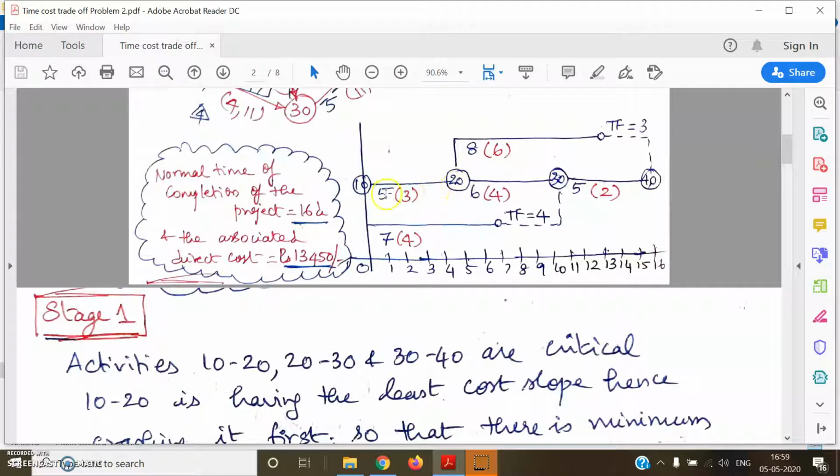So if I crash 10:20 by 2 days, what is going to happen to this parallel non-critical activity? It has got total float of 4 days. So 2 days, if I reduce here, it will still remain as non-critical with 2 days float. So for 10:20, this is the only parallel path. 10:20:40 has total float of 3 days, and this crashing is not going to impact that.